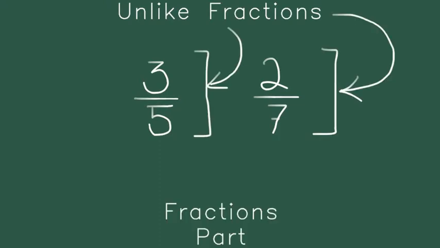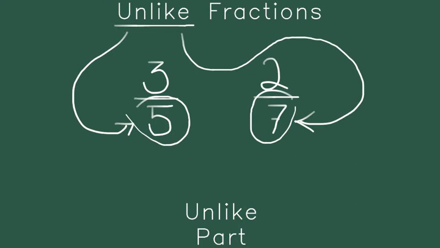We have two fractions over here, and let's actually check out if they're unlike or not. The thing that makes them fractions is that both have a numerator and a denominator, and the denominator is not equal to zero. But the part that makes them unlike, the part that differentiates them, is the denominator portion.